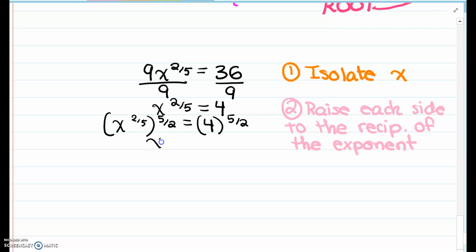And we end up with x equals plus or minus radical 4 to the 5th power.